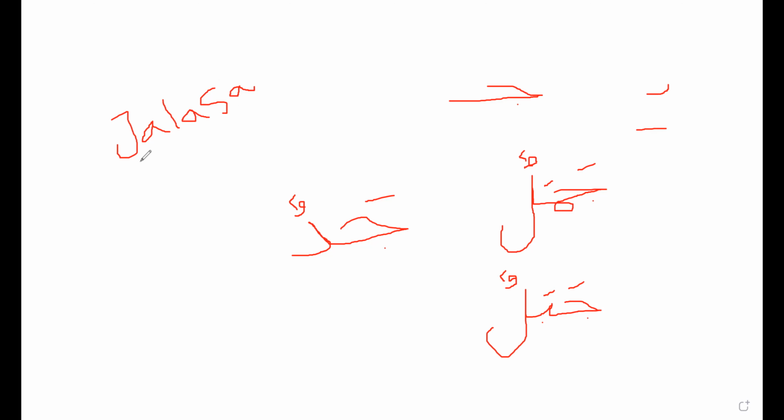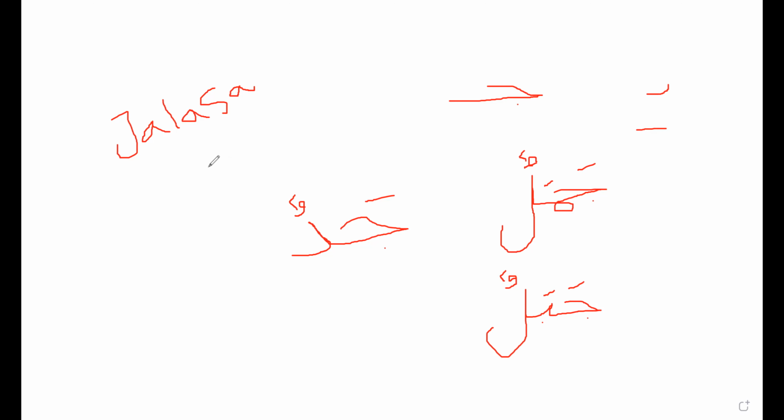"Jalasa". How many letters are there in Arabic? This should be 3 letters. Let us assume that you haven't learned how to write the lam that comes between the Jim and the last letter, which is sin. Now you should know how to write Jim properly.